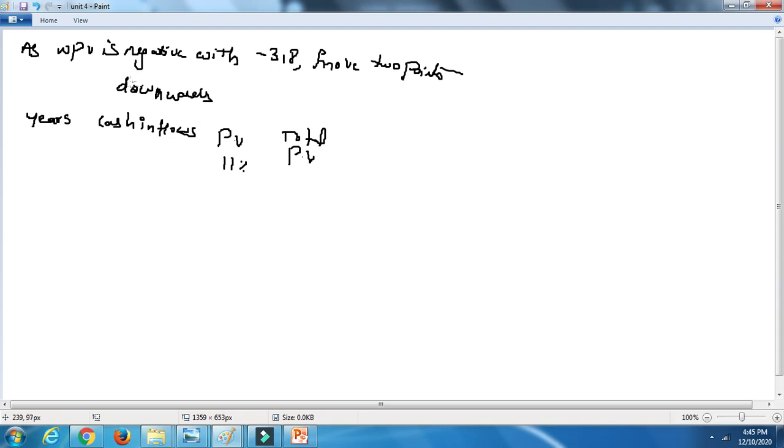Now you need to take down the number of years: 1, 2, 3, 4, 5. Here the cash inflows are 3000, 4000, 6000, 5000, and again 4000, what he has given in the question.